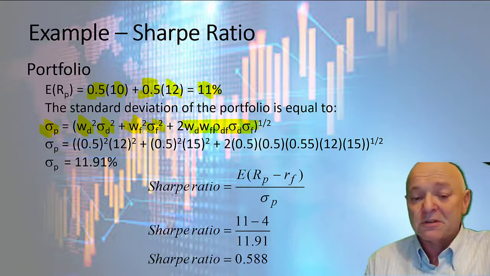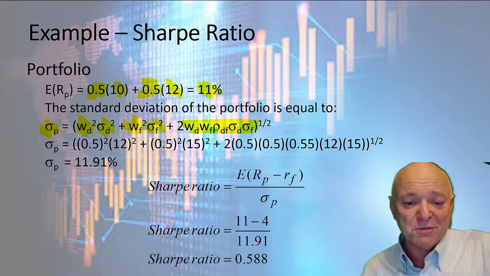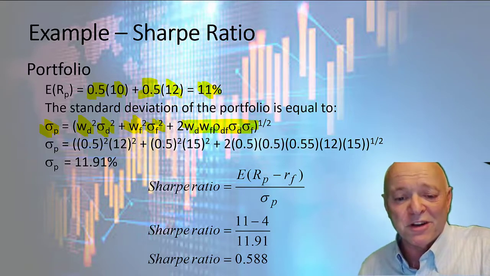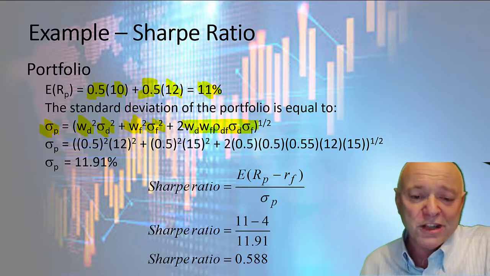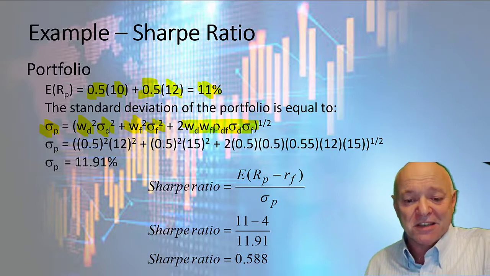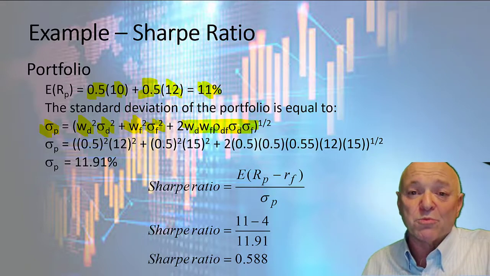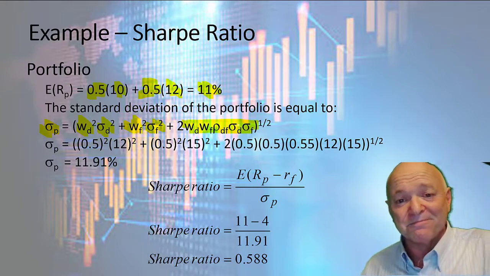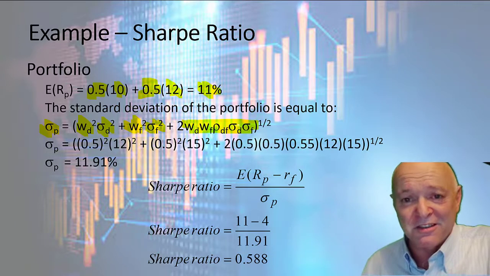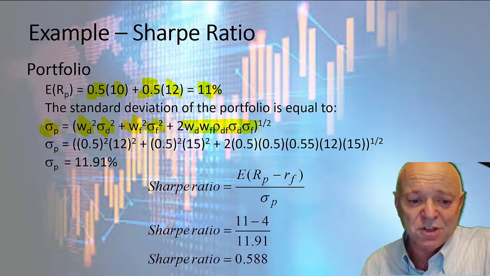So it's 2 times the weight of the domestic times the weight of the foreign times the correlation coefficient times the standard deviation of domestic and foreign, and we take the root of that in order to take the variance and turn it into our standard deviation.